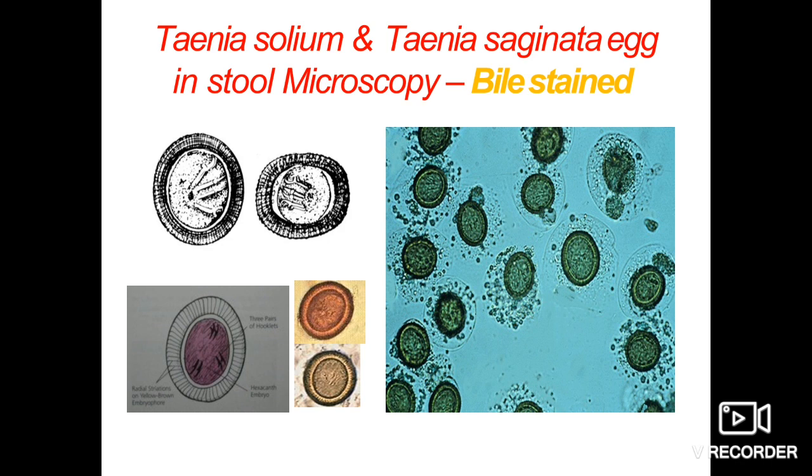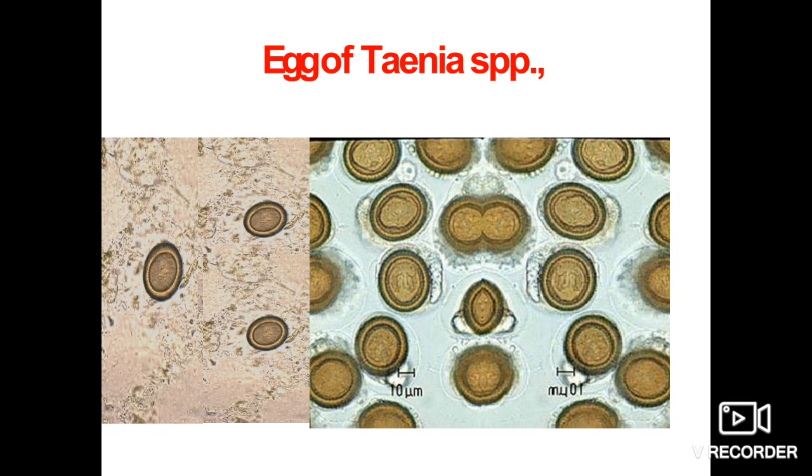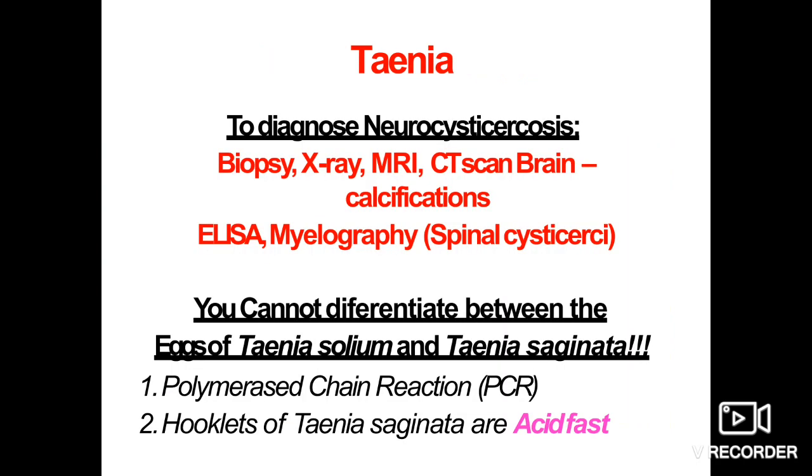You can also use stool tapeworm antigen detection and stool PCR, and serum antibody test for diagnosis of this parasite. Here you can see clear eggs of Taenia species. Here are different techniques used to diagnose Taenia solium or Taenia species.